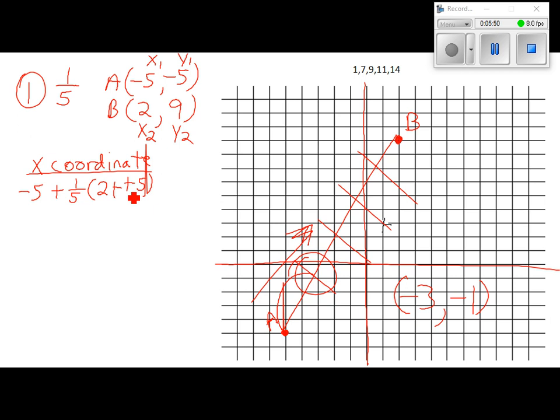As I do this, I'm going to explain to you the exact buttons you push on your calculator: -5 plus 1 divided by 5, parenthesis, 2 plus 5, parenthesis.